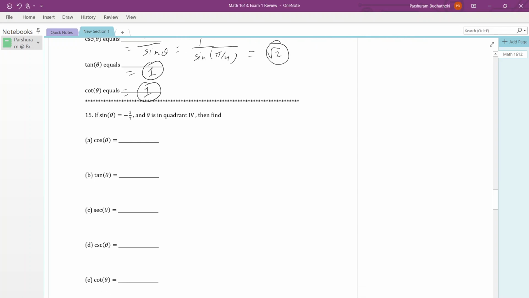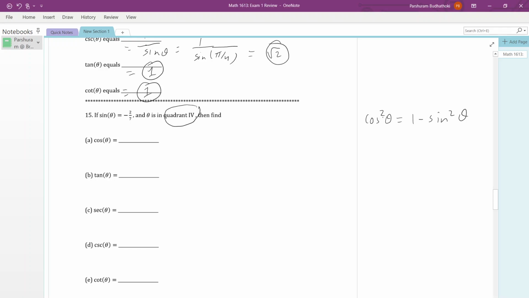for this problem 15 we should use this relation: cosine squared theta plus sine squared theta is equal to 1. So remember, theta is in the fourth quadrant. In the fourth quadrant, the value of the cosine function is positive.